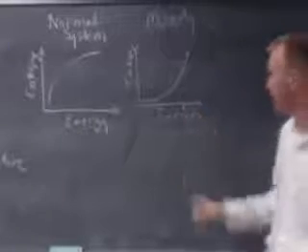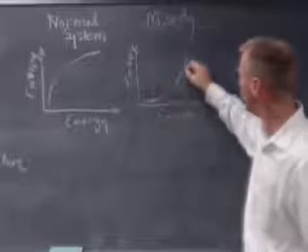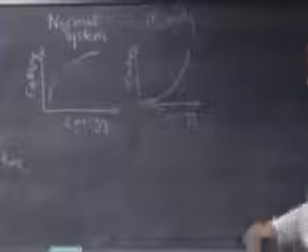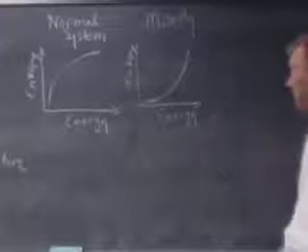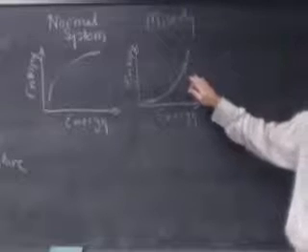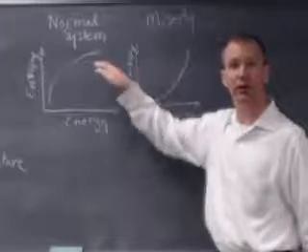Concave upwards. The slope, 1 over the generosity, 1 over the temperature, increases as they get more energy. So this kind of a system would be less willing to give up energy when it has more. A normal system is more willing to give up energy when it has more.